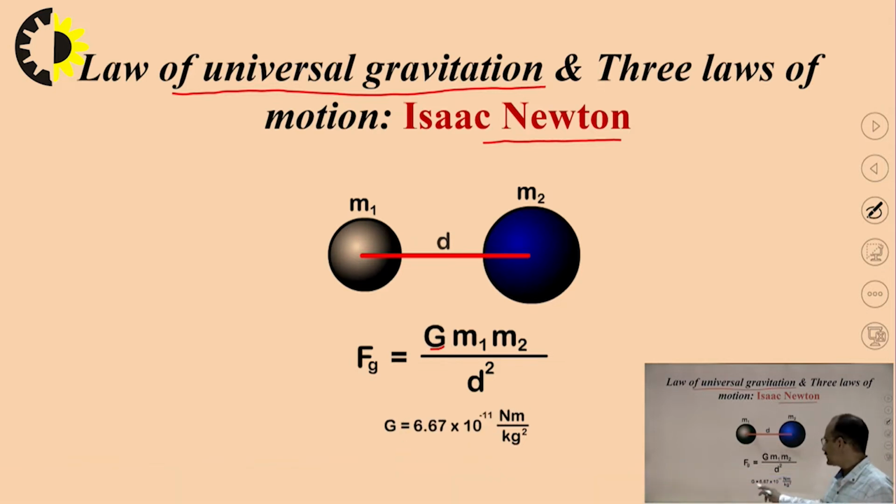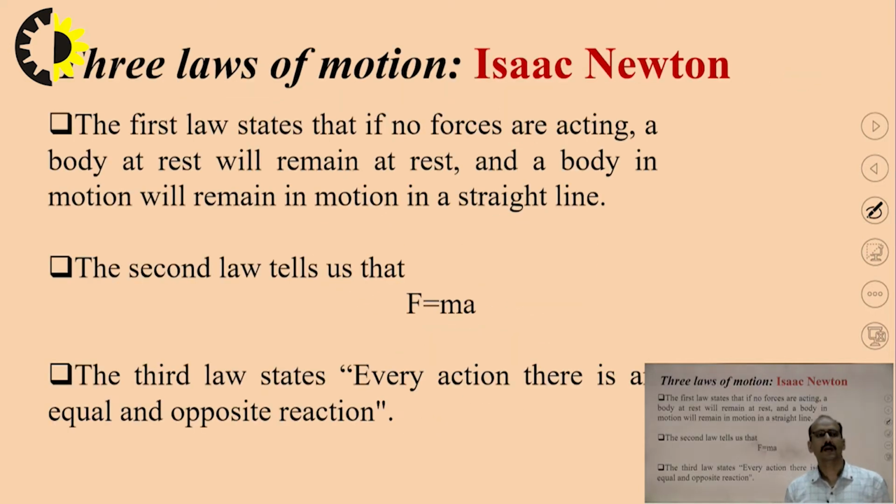G is the gravitational constant, which is 6.67 times 10 to the power minus 11 Newton meter squared per kg squared. So basically this is Newton's gravitational law, and then Isaac Newton gave the three laws of motion.